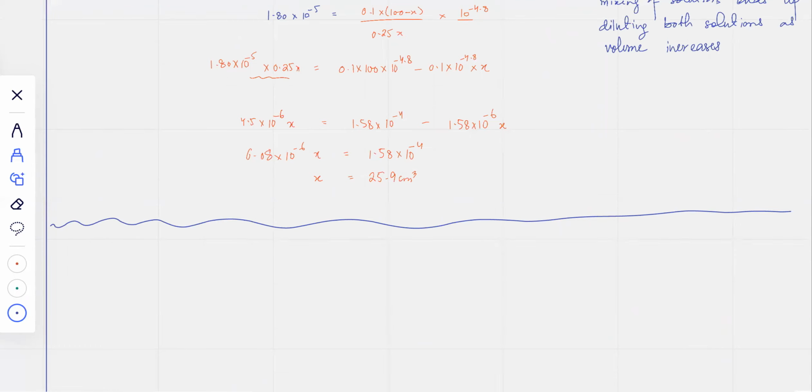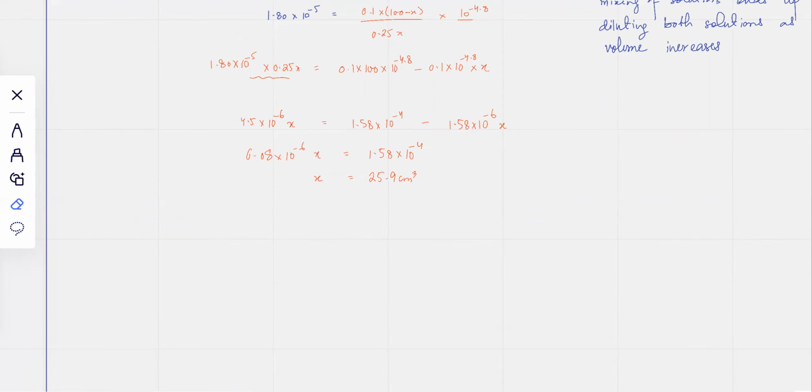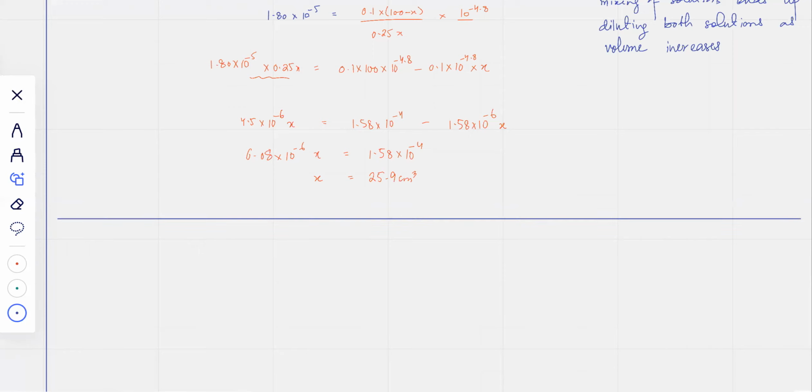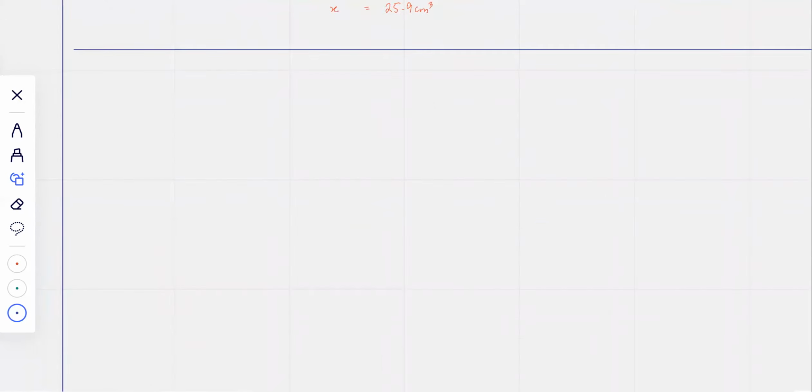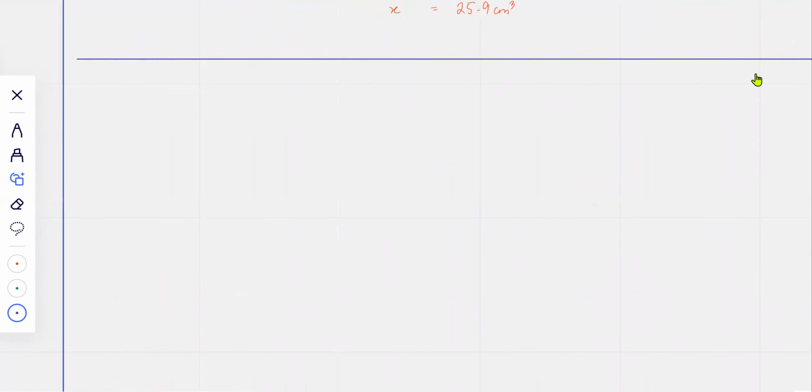So moving on, the next thing that we're going to try and do is pH curves. So pH curves, it's linked with titration.